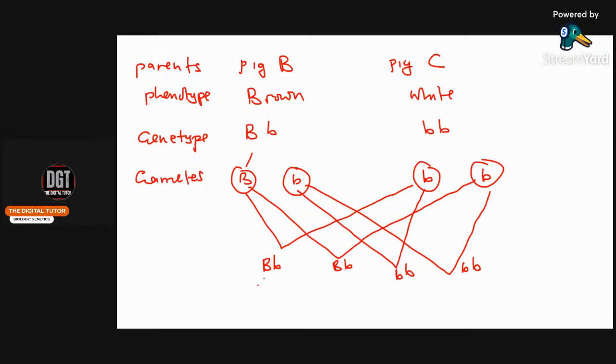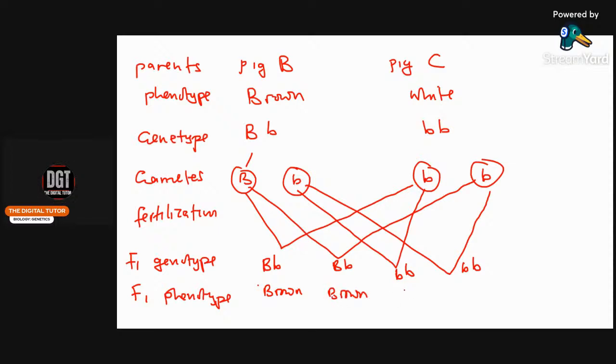If we were to look at, okay, let me just put this one, fertilization. Then here I'll put F1 genotype. Then F1 phenotype. So this will be brown. This will be brown. This will be what? This will be white.